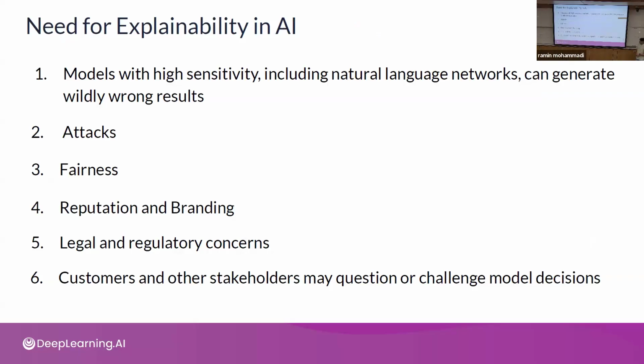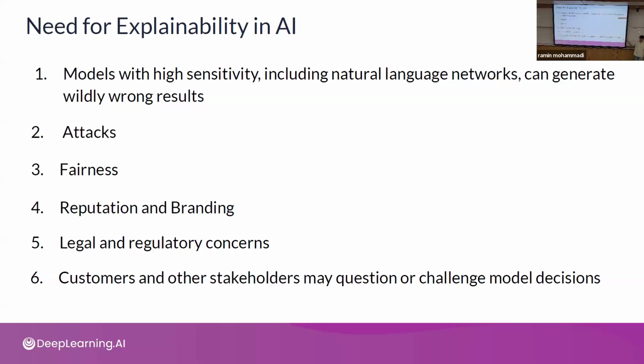Whatever model you're building, you need to be sure that it works fine, that it is robust against attack, and that it's fair. Otherwise, it will harm your reputation or branding. You need to be sure that you adhere to regulatory and legal concerns.